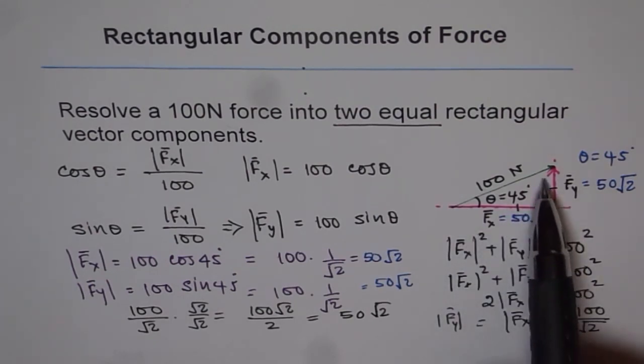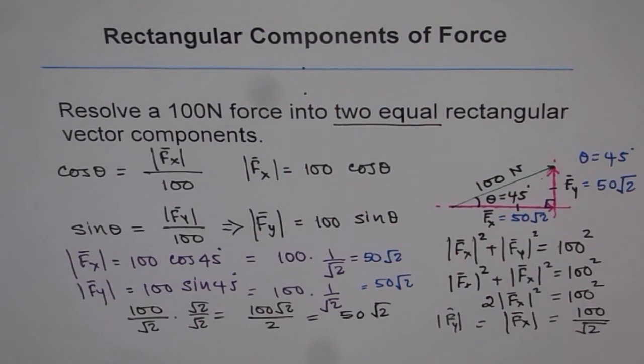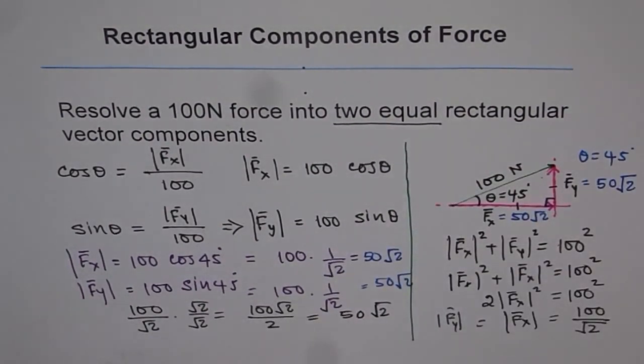So 90 divided by 2 gives us 45, and that's how we get 45 degrees. And in the Pythagorean theorem, we selected Fx equal to Fy and solved for one to get the other. So that is how we can actually resolve a force into its components. And this strategy is going to really help us in solving many problems and applications involving force.